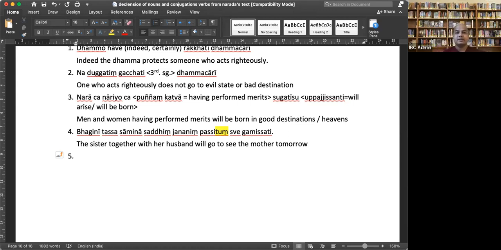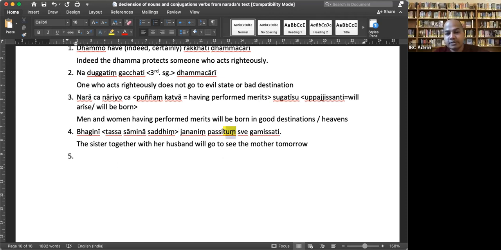Bhagini jananim pasitum sve gamissati. Tassa samina saddhim. So what you can do is separate the different clauses, then it will be easier to follow. Gamissati is the main verb here, right?